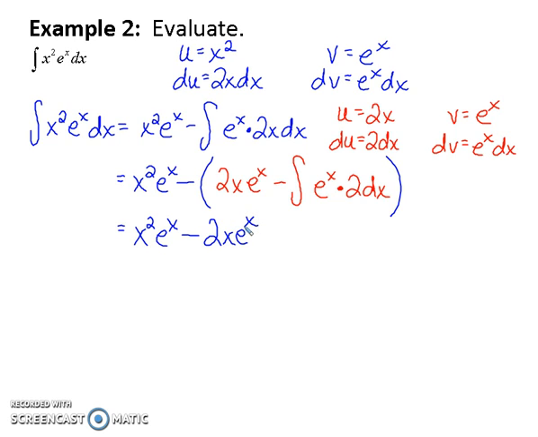And now when we come to this red integral here, we would have minus a negative, so that would become plus. And then to integrate e to the x times 2 dx, this is just 2e to the x dx. 2 is a coefficient, so we bring it along. And then e to the x just integrates back to itself. And now that we've integrated everything, you can put a plus c on it. So you actually end up with 3 terms for that one.